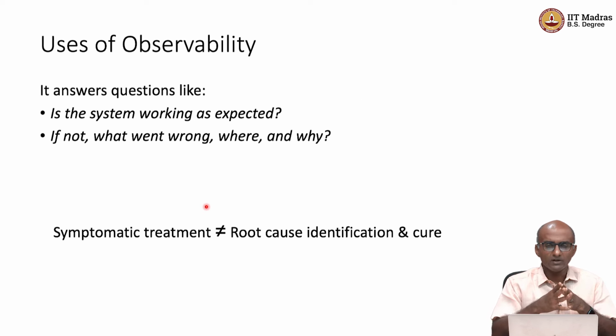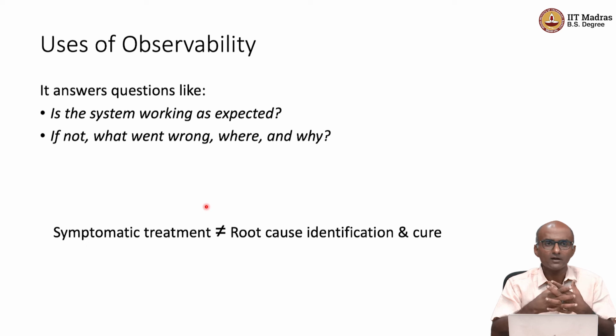So observability, if you do it well, can really help you answer questions like, is the system working as expected? And more importantly, if not, what went wrong? Where did it go wrong? And potentially, why did it go wrong? In a lot of ways it's like allopathic medical treatment. It's symptomatic treatment.